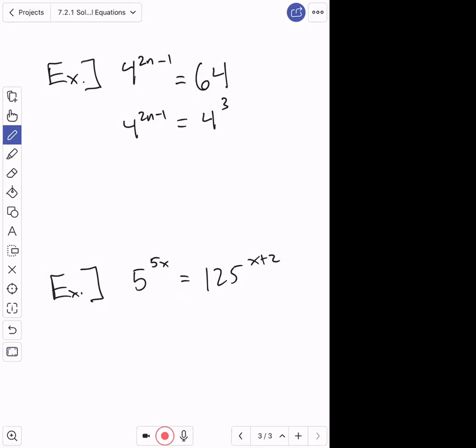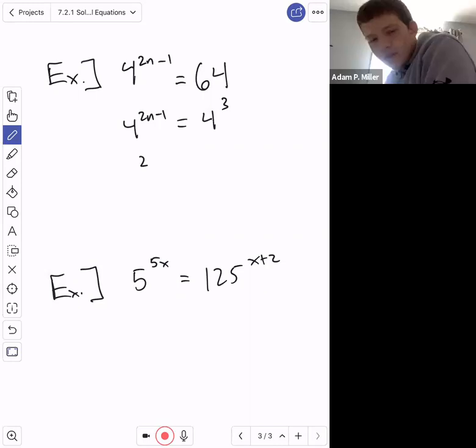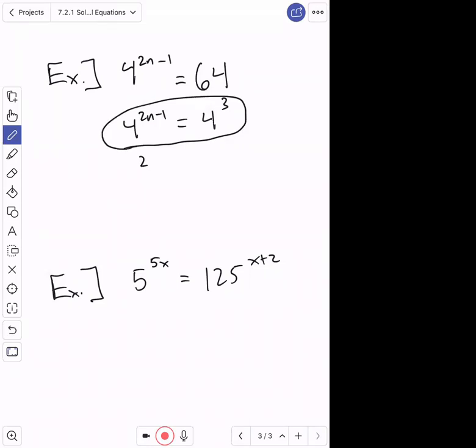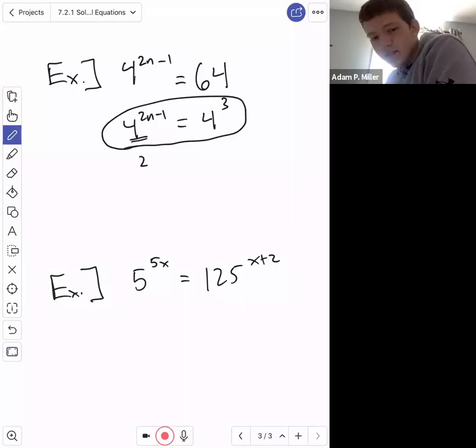Wait a second. Did you have 4 to the power of 2n minus 1 equals 4 to the third? No. You did not get to this point? So recall, we want to make sure that they both have the same base before we start.